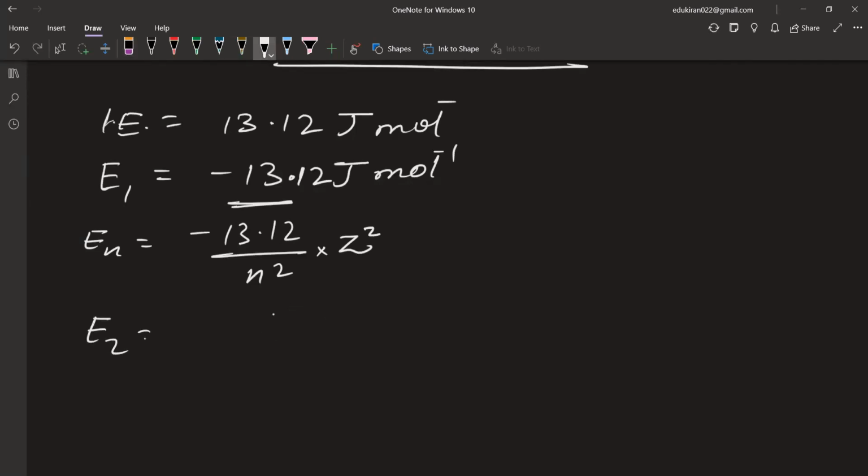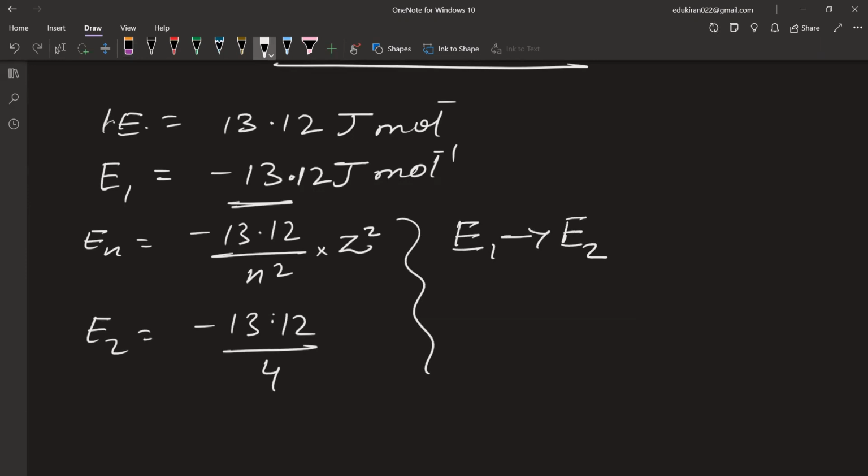और आपको यहाँ पे क्या निकालना है? E2. This will be minus 13.12 divided by n square कितना हो जाएगा? Because we are in the second orbit, this will be equal to 4. Z will be still 1 because we are still in the hydrogen atom. Hydrogen has only 1 proton. And what you have to find? You are going from E1 to E2. Okay, so obviously what you have to do, you have to spend some energy.